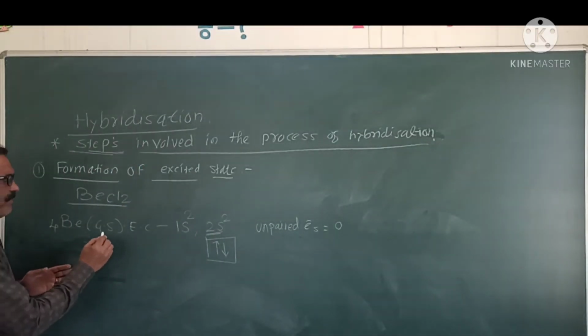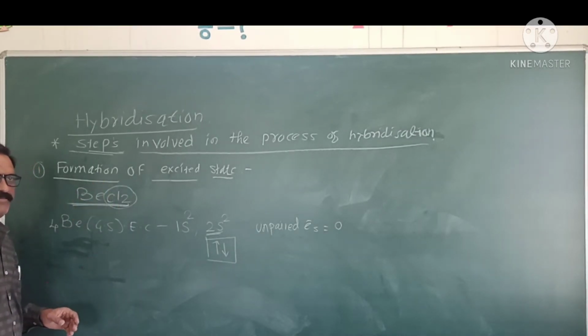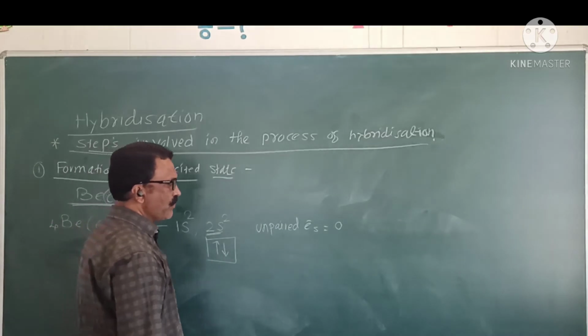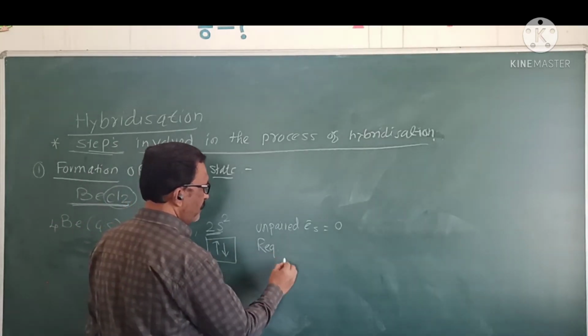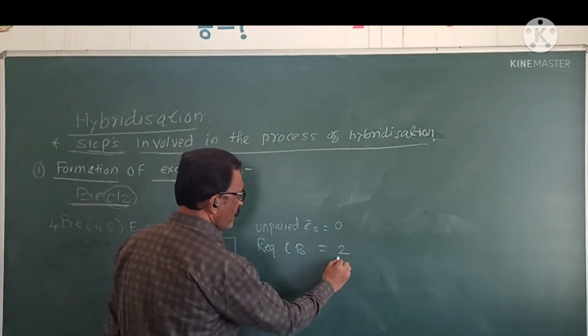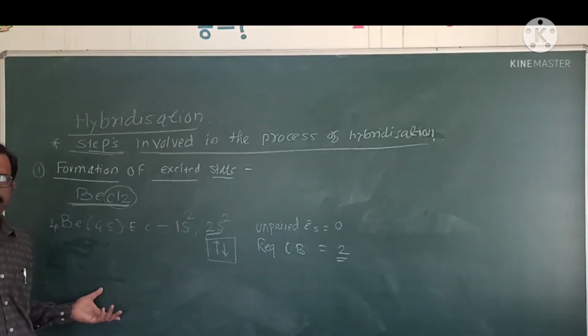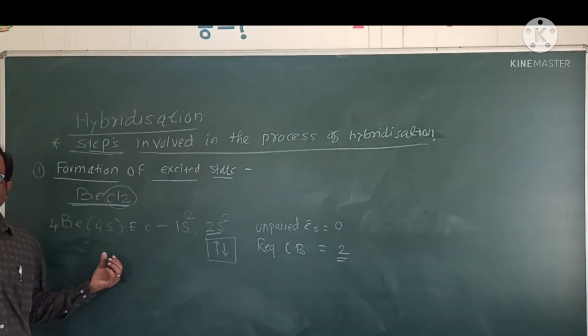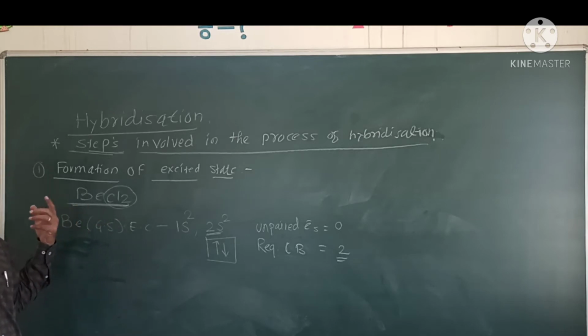But the requirement of bonding in the BeCl2 molecule is 2 covalent bonds. Valence bond theory does not give any explanation for the formation of such molecules.